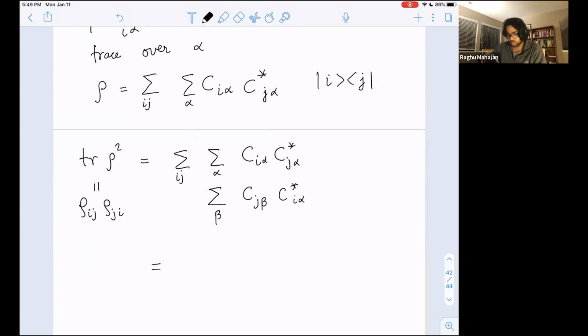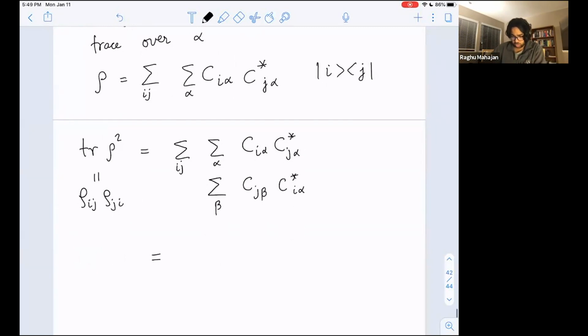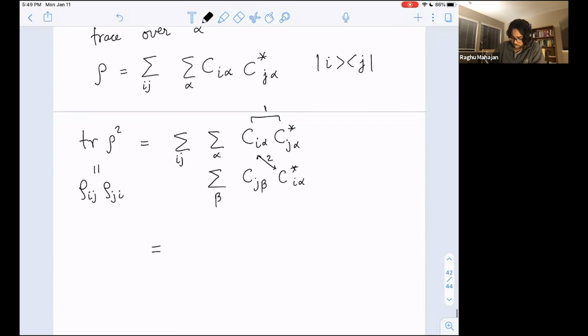Okay, so how do we compute this? Again, these are Gaussian random variables. We have two C's and two C stars, so we can compute this using Wick contractions. There are two Wick contractions. One is like this, Wick contraction number 1, and then we have this other one, Wick contraction number 2. What does Wick contraction number 1 give?